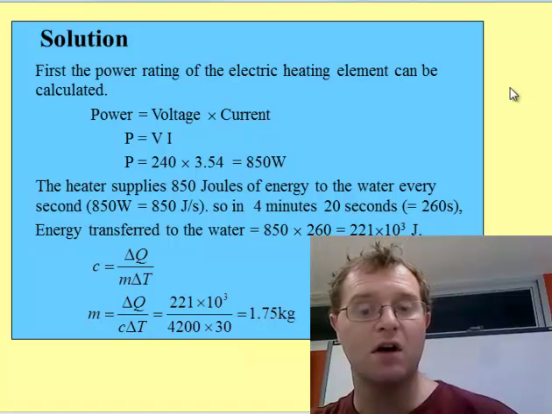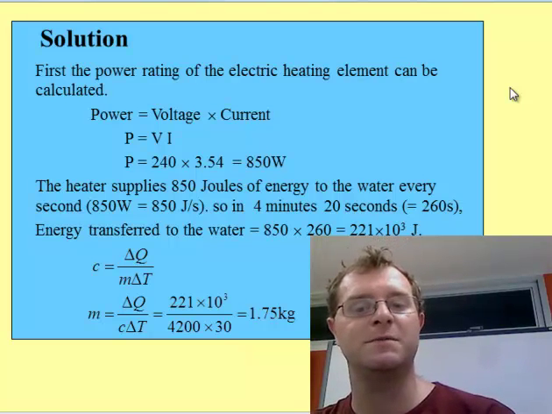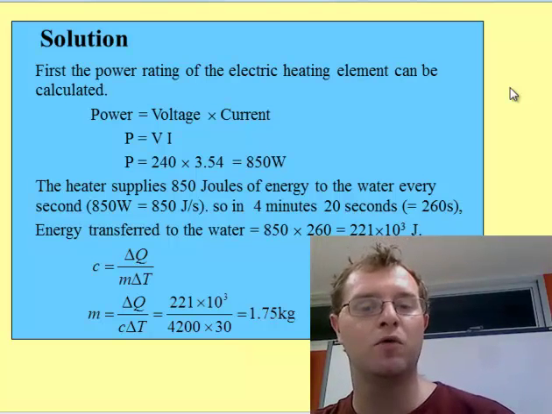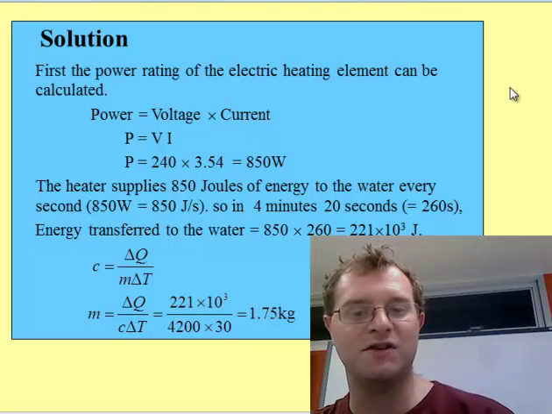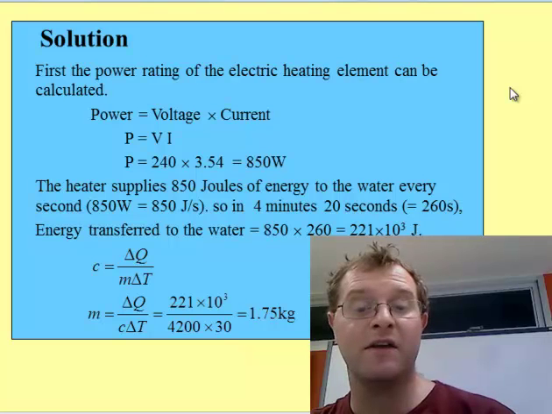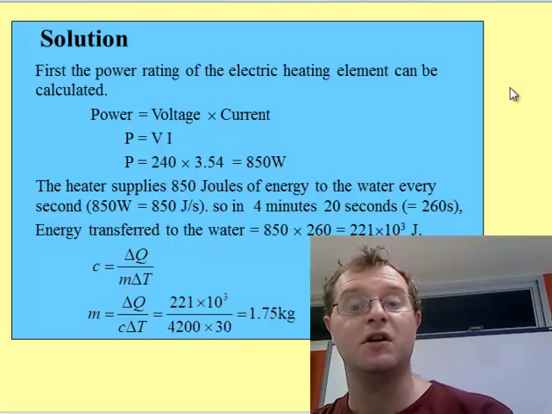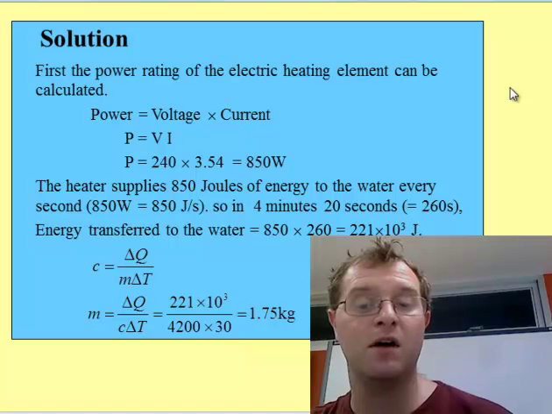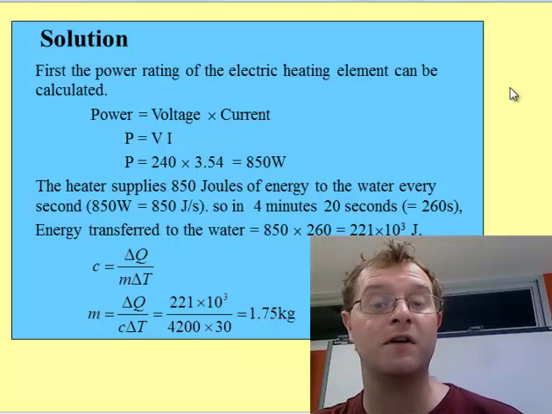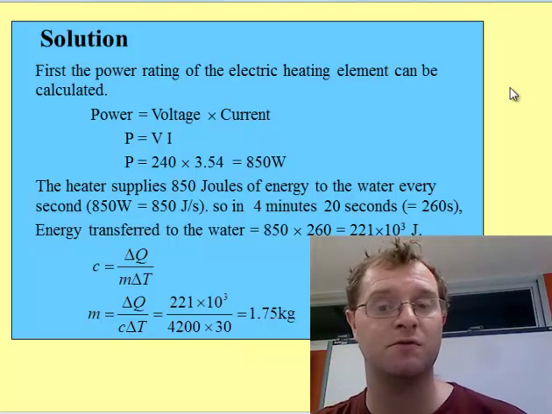With this knowledge, as I know the specific heat capacity of water, which is 4,200, and the change in temperature is 30 degrees, then from rearranging my specific heat capacity formula, I can work out there is 1.75 kilograms of water involved in this situation.